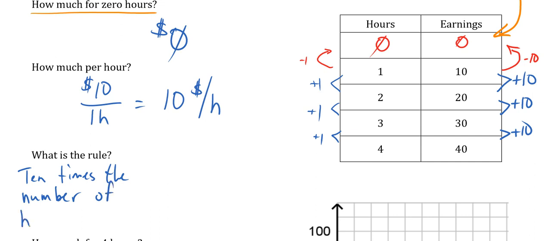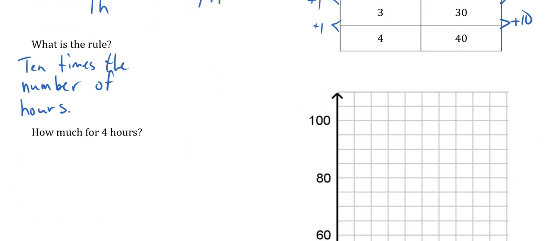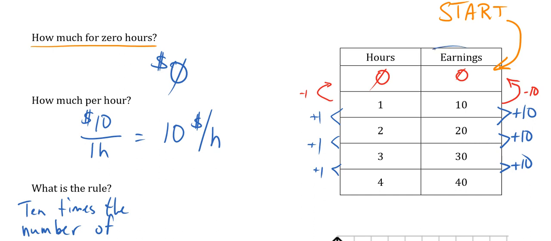of hours. From a couple of weeks ago, do you remember what rules look like when we write them as equations? So it doesn't actually tell me anywhere here, so I'm going to make it up. But this says earnings. It says E, so I'm going to use E. And it says we'll use H for hours. How's that sound?